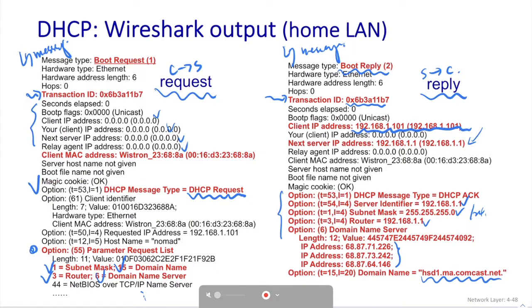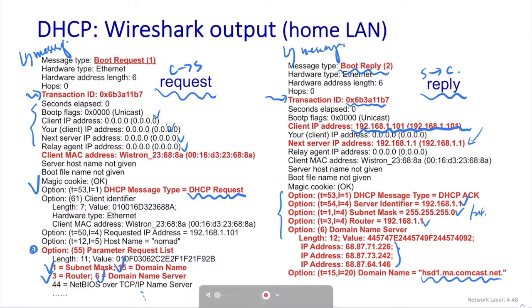I think that is a very interesting thing that you can take a look at. So if possible, please try to capture the DHCP packets in your home network. You simply open your Wireshark and capture the packets.